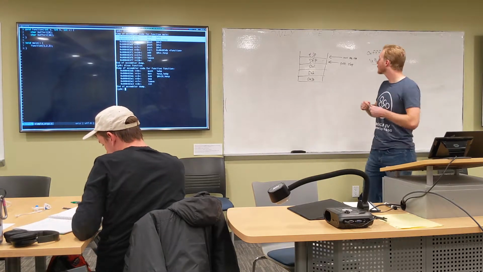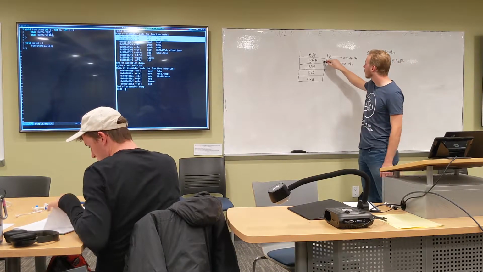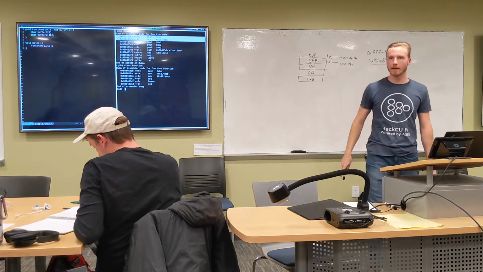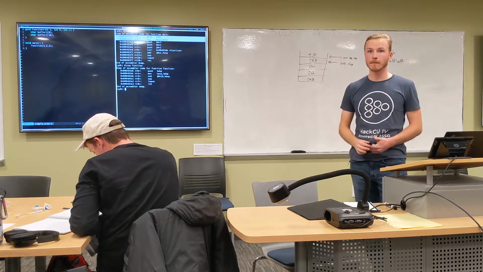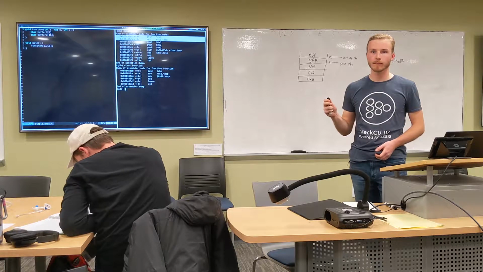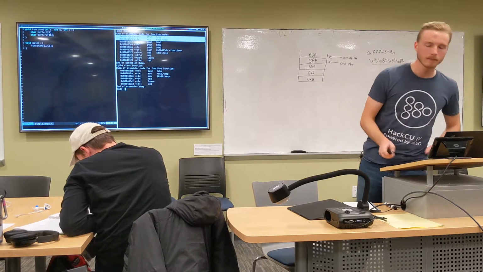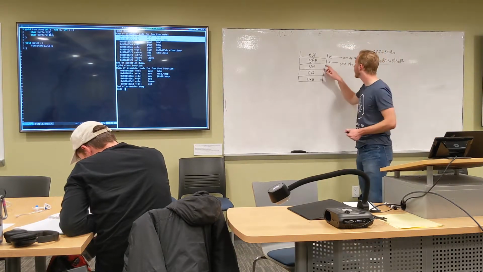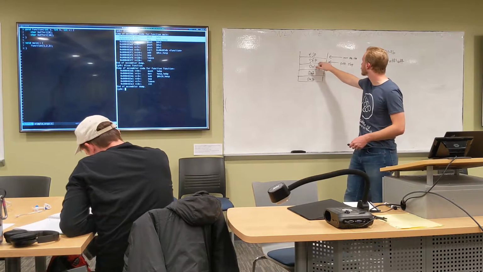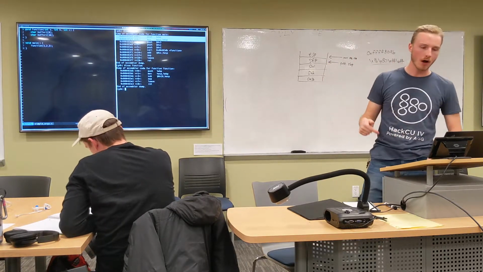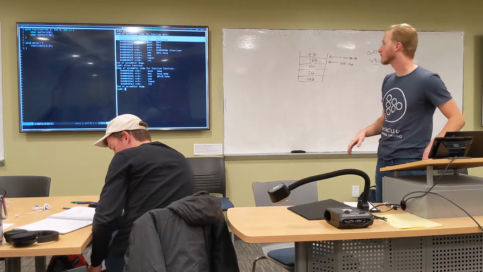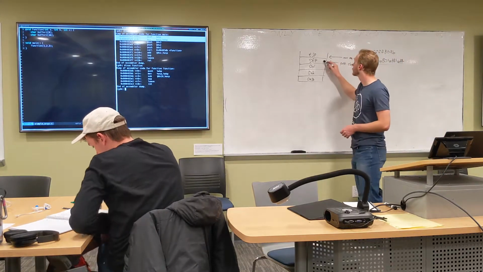This is what we're looking to overwrite to jump out of. Wouldn't that be the saved EIP? Yes, sorry. This is the saved frame pointer. This is storing the stack frame of main. It's not the return address.